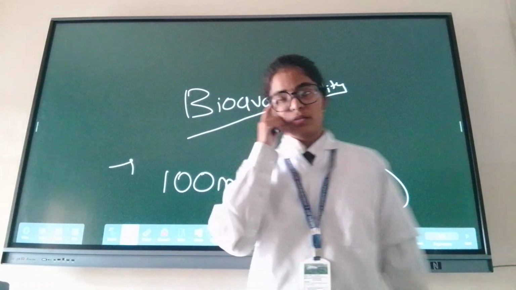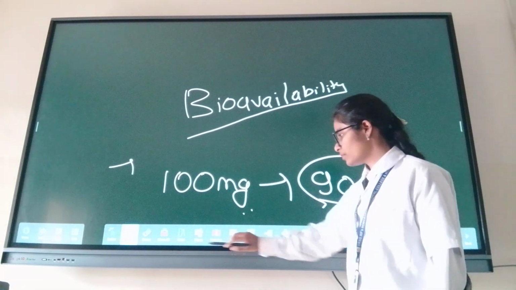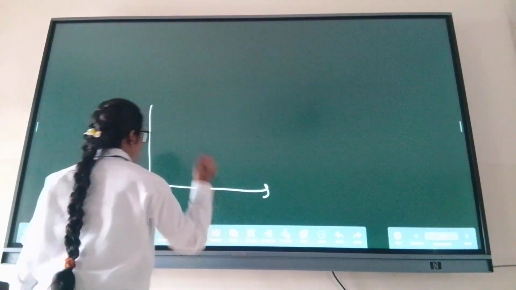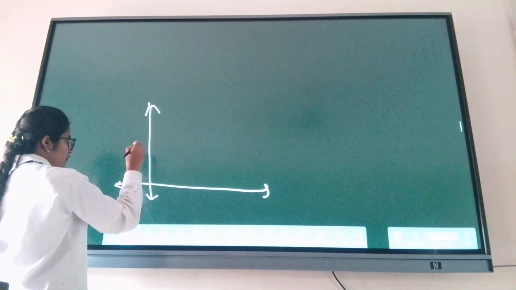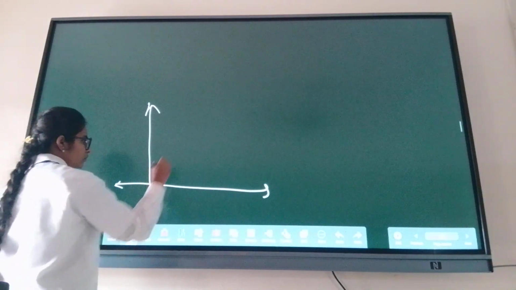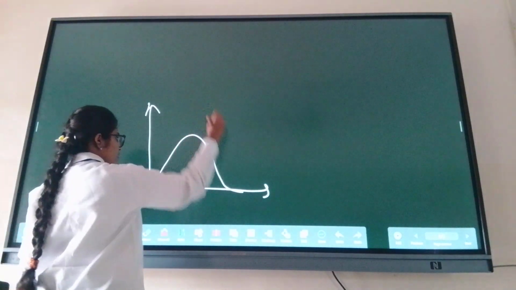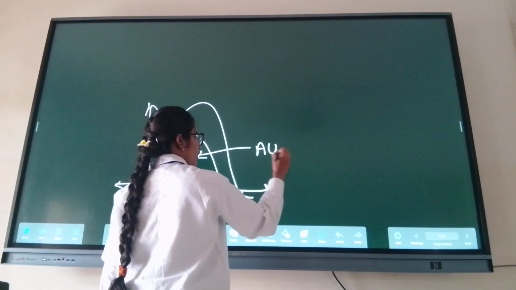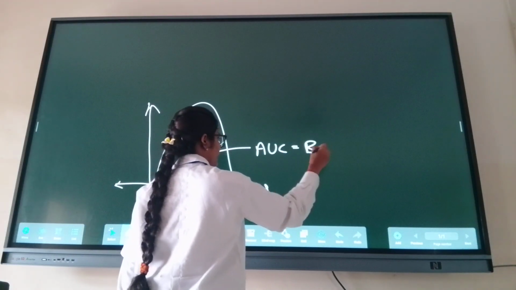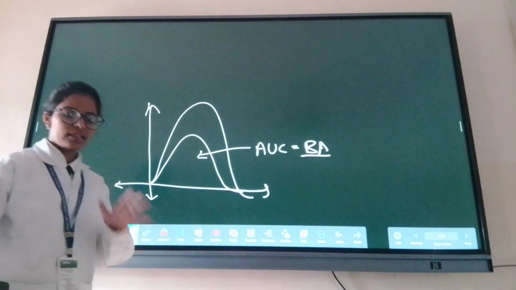Okay, now how do we calculate it? There is a curve. The area under the curve is equal to bioavailability. Okay, you're getting it, no?